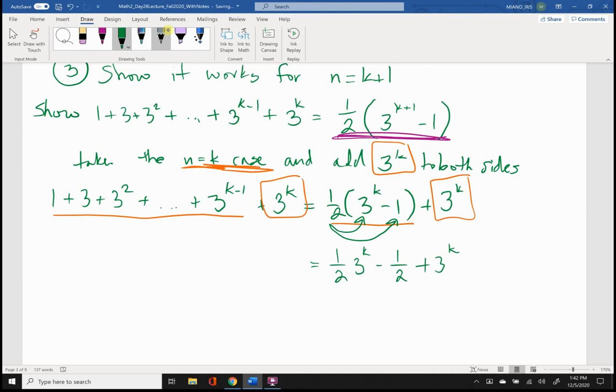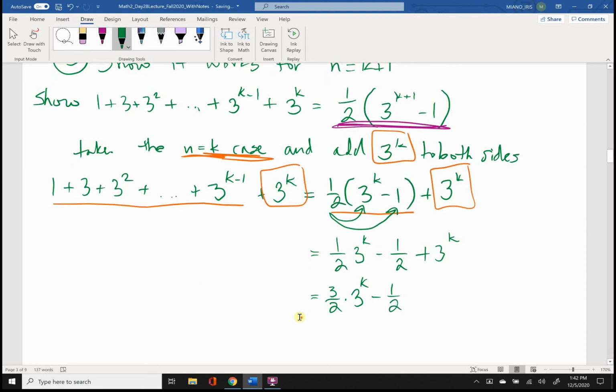If you add this one to this one, you have a half 3 to the k power and a whole 3 to the k power. Well, that means you have 3 halves times 3 to the k power in combining these like terms, and you're still going to subtract 1/2 from that.